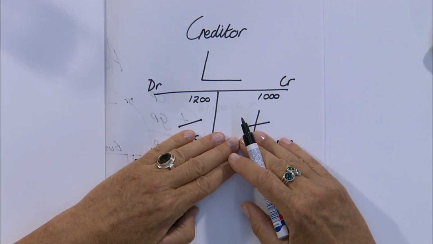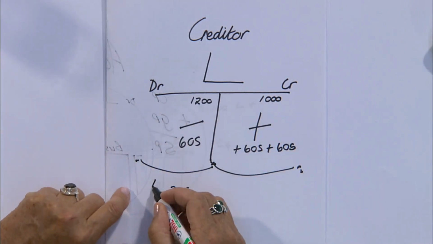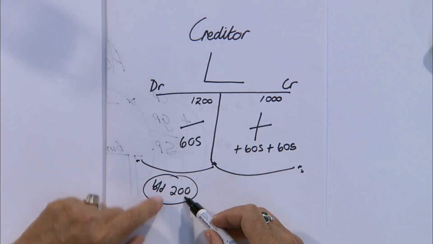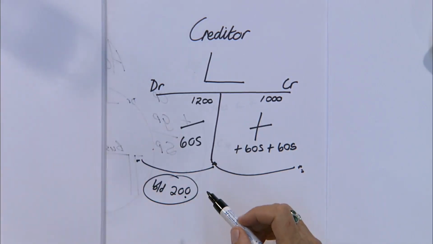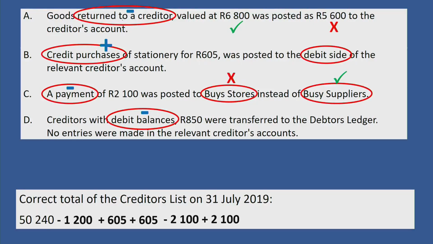Now, if you overpay someone, who owes who? They now owe me 200 rand. So in other words, this specific individual creditor has a debit balance, which is a negative. So that is possible.